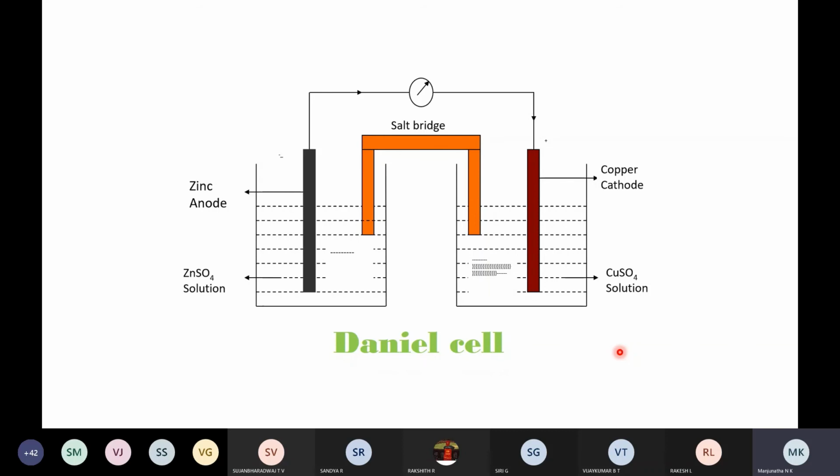It's a clear construction. Here, coming to this salt bridge, it is defined as a connection between two solutions that allows movement of electrons from one container to another container. Any doubt in this construction?